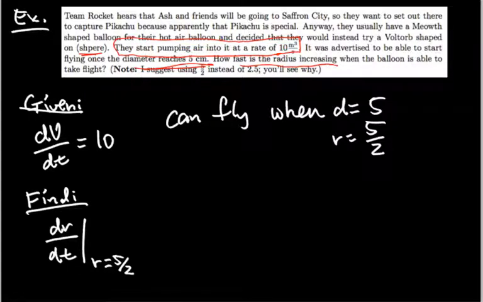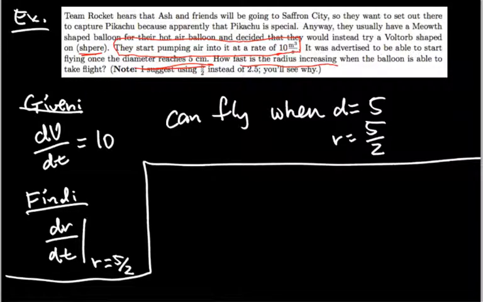Oh, that should be meters. Whoops. Oh well, anyway. So we're going to need volume. Volume of a sphere is 4/3 pi r cubed. So let's do stuff to this. We know that we're going to need dV/dt somehow, so let's just take d/dt of this entire thing.